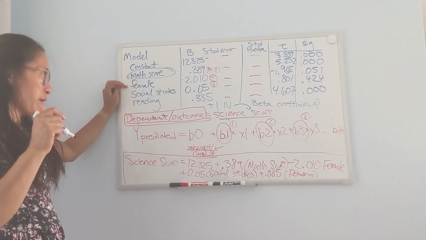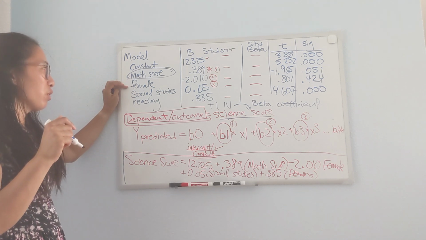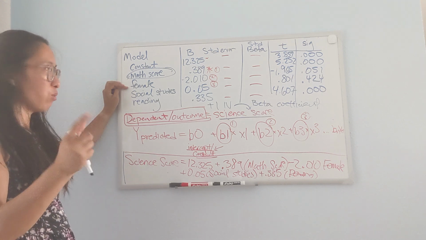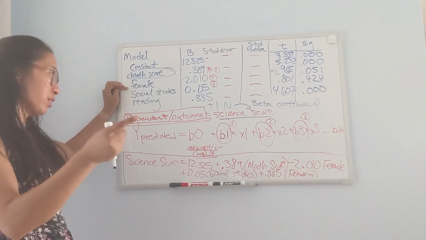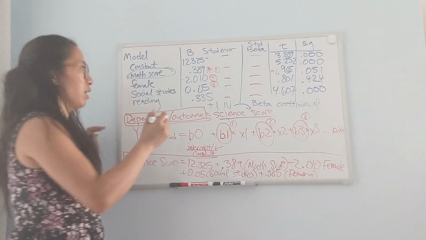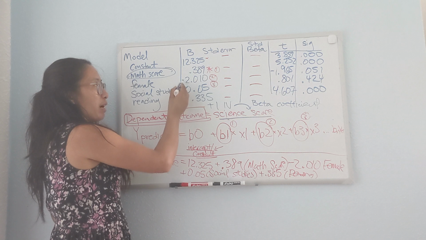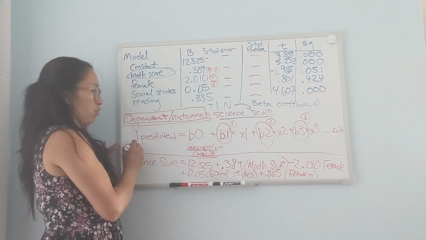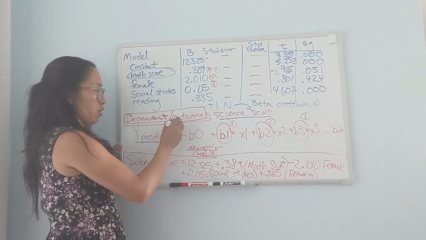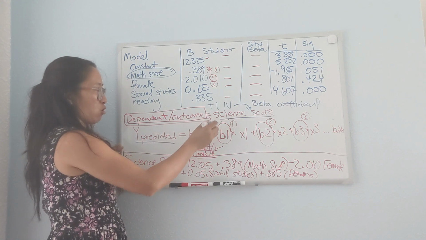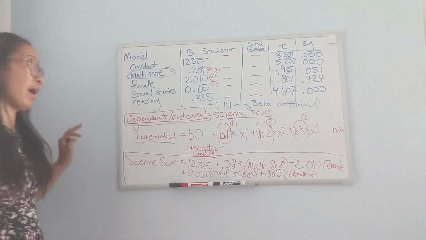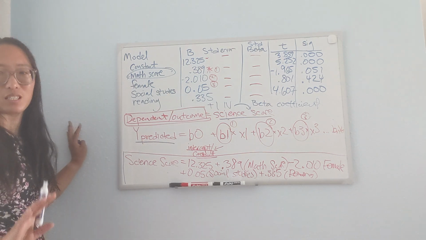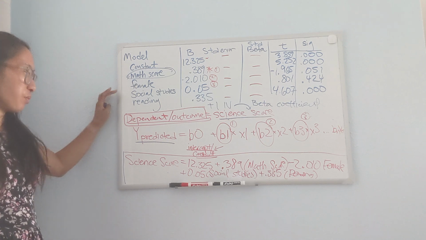For female, gender was coded 1, 0. So if you have a 1 for gender, then you'll have a minus 2.010 for the predictor. The science score will decrease by 2.010. Okay, this is hypothetical data.